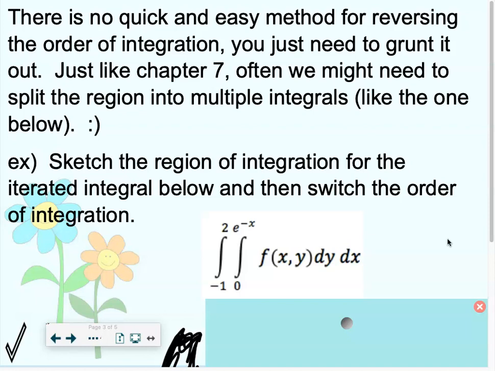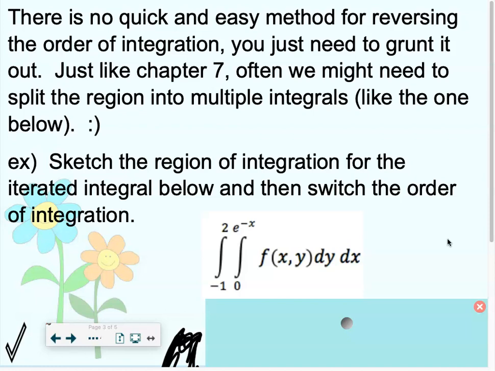But if I'm doing it right minus left, I have a problem because I have 2 different functions on the left. So this minus this and this minus this. When you have different functions on the same side of your integral, you have to split the region into multiple integrals.